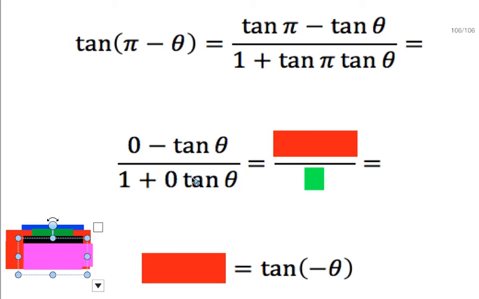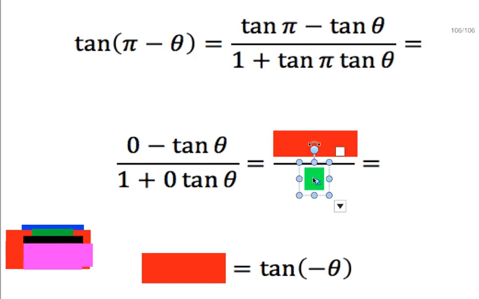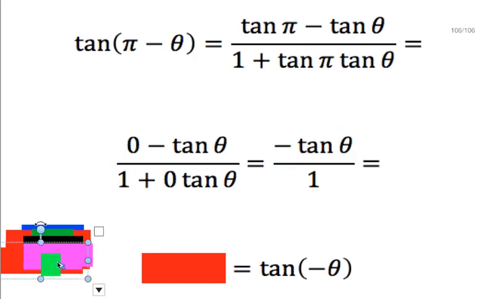Notice in the denominator, 0 times tangent theta is just 0. And so in the denominator, all you have is a 1, and in the numerator, all you have is a negative tangent theta.